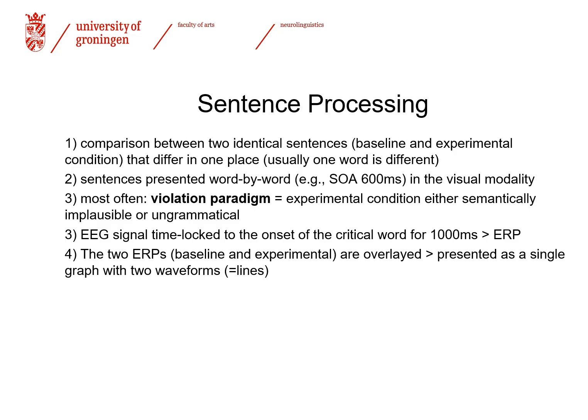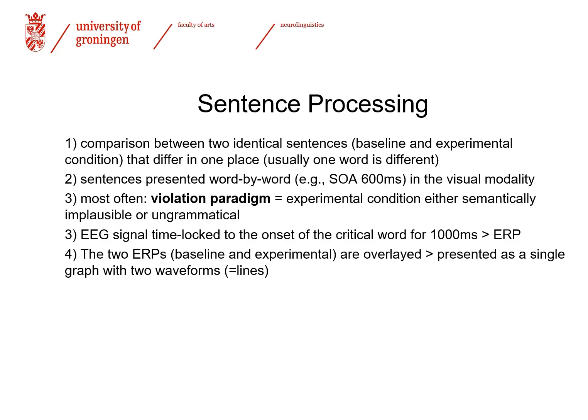Now, depending on what we want to do, we can choose to present this experiment as a listening experiment or as a reading experiment. If it's a reading experiment, what is most common is to present the stimuli sentences word by word on the screen, meaning that words will appear in isolation one by one in the center of the screen with a certain time between them.